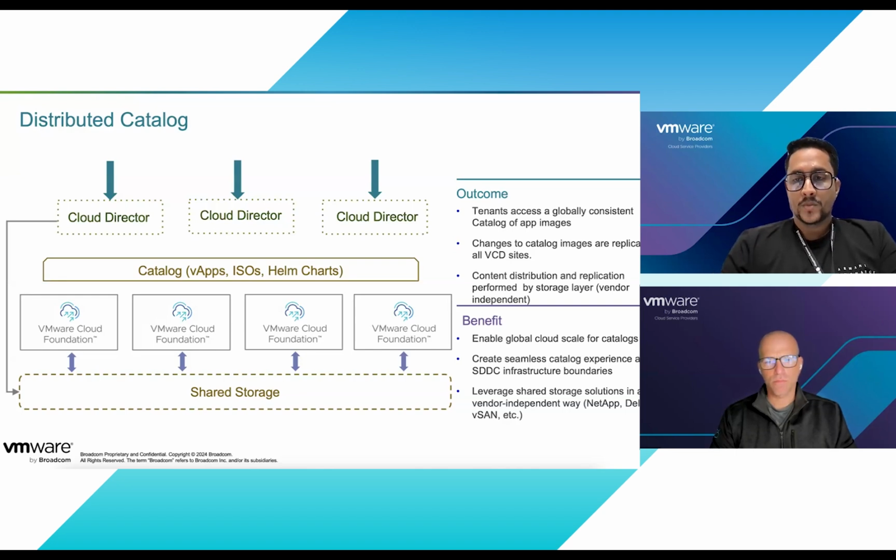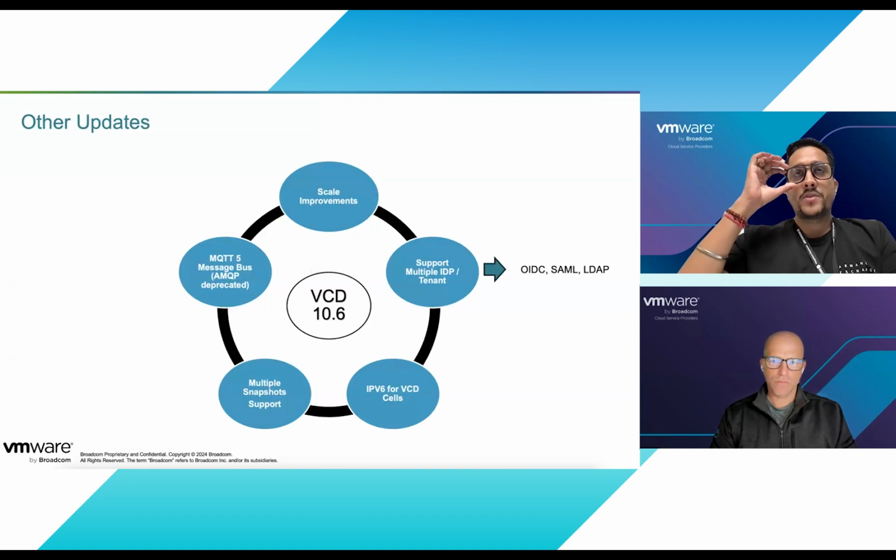Okay. Now, the other updates we have from a core feature perspective is that first, we now support multiple IDPs for each tenant. Earlier, one tenant could only have one identity provider, but now we can have multiple identity providers per tenant.